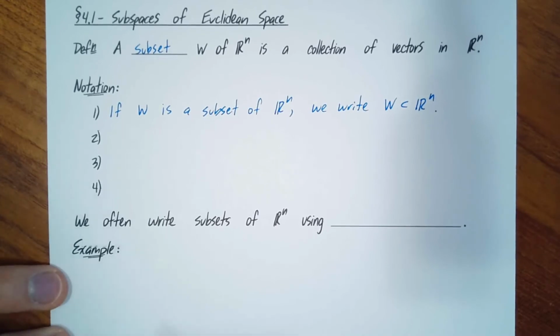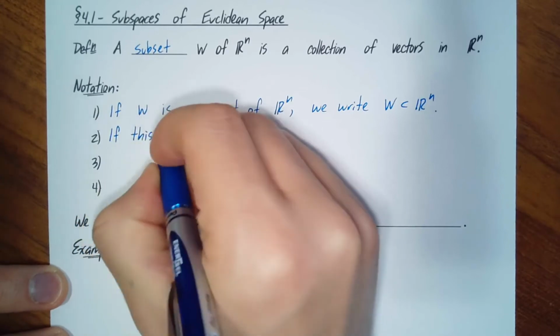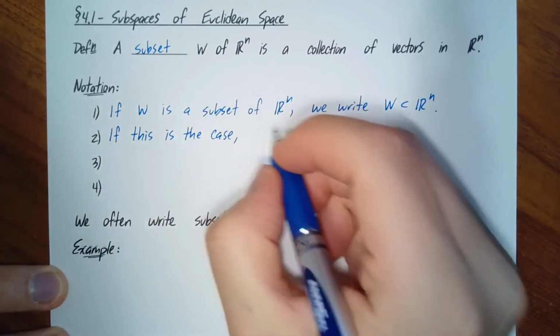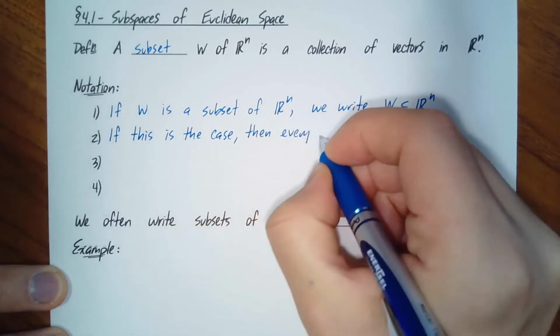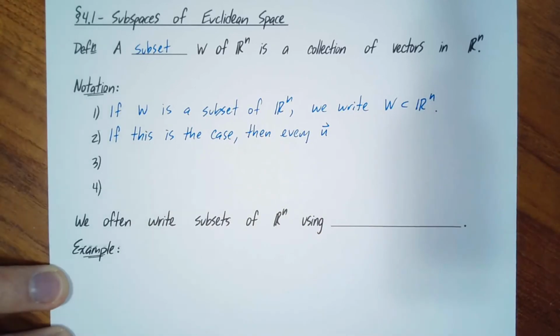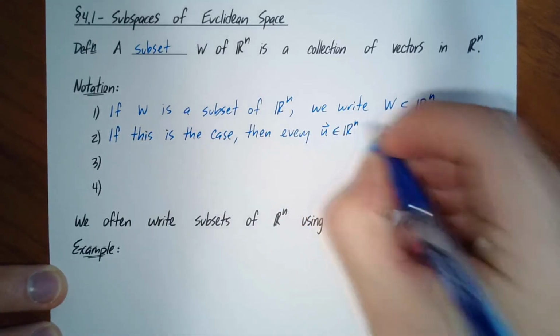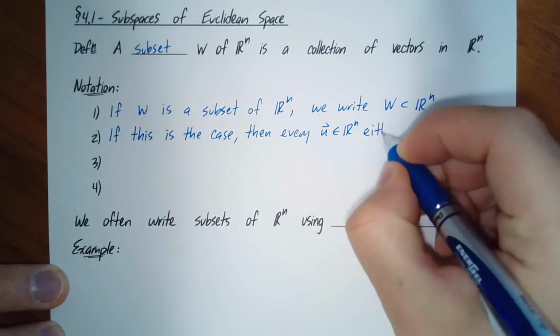All right, now, if this is the case, we can say more. I'm going to start by writing that. If this is the case, then every vector, which I'll use the letter U to represent right now, every vector U in Rn is either going to be in W or not. So let's articulate that.